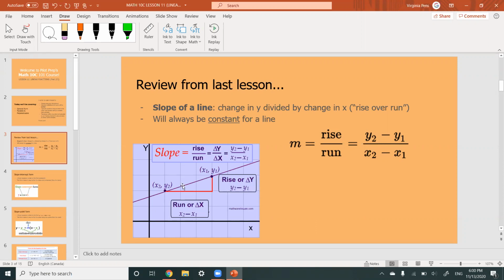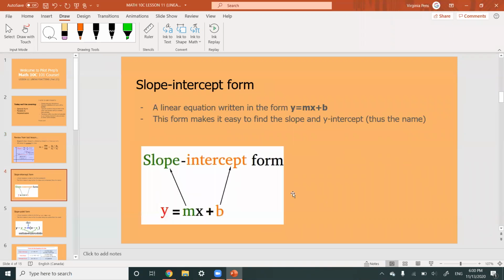And in a linear function, so for a line, it will always be constant, which means that the slope doesn't change halfway through, like it doesn't curve or wave or something weird like that. So something else we learned last lesson was the slope-intercept form, and this was just a way to express a line in this y equals mx plus b form.